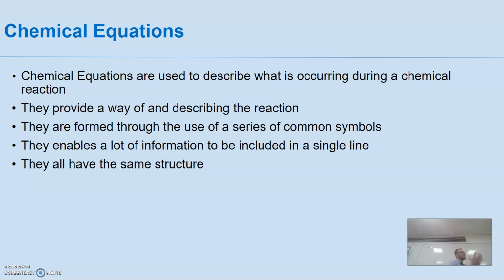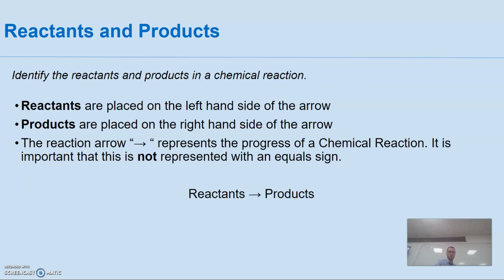Chemical equations are used to describe, right, it's a way of simplifying down what's going on as we observe. We can either use worded equations, as a simplified version of a broader description of a reaction, and then we can simplify that down further using symbols. We go from reactants going to products. Really important that you're not using an equal sign.